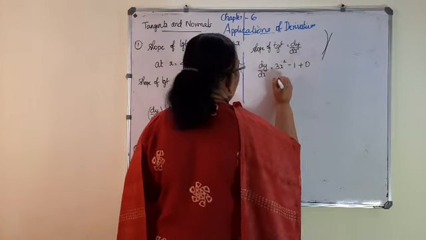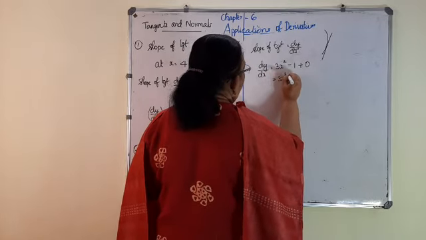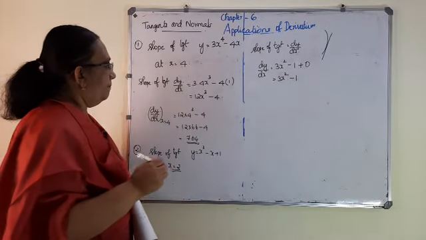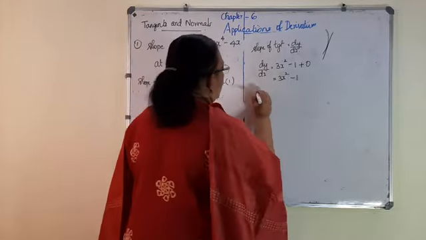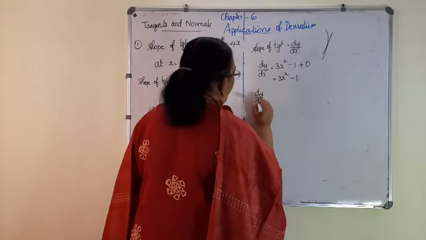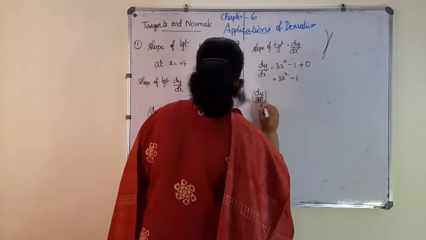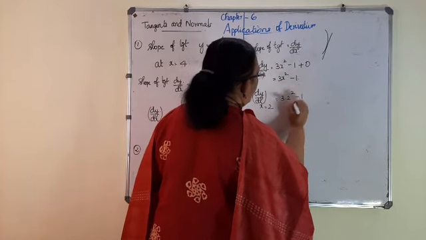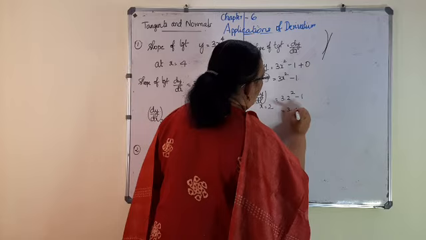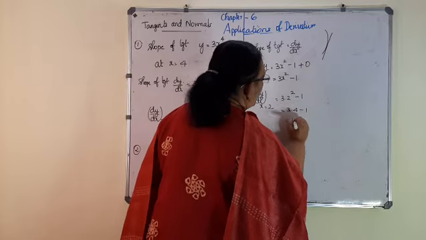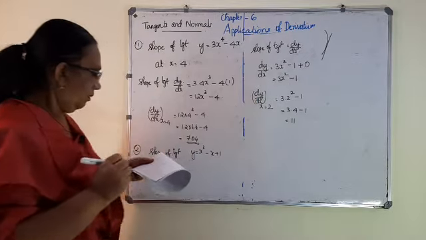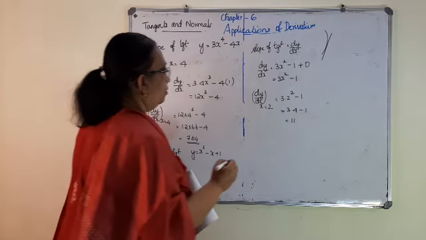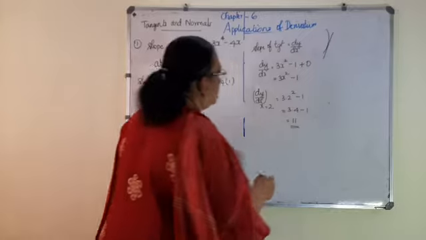That is equal to 3x squared minus 1. At the point x is equal to 2, that is 3 into 2 squared minus 1. 3 into 4 minus 1. 12 minus 1 is equal to 11. And the slope of the tangent is equal to 11.